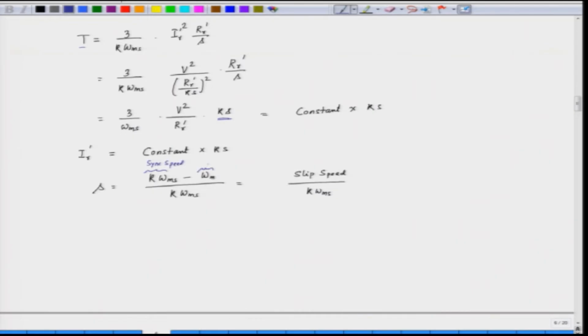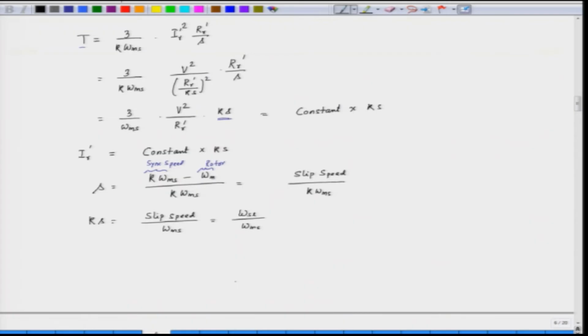The difference of synchronous speed and rotor speed is the slip speed. So, we take this k to the left hand side. What we get is k into s is equal to the slip speed divided by omega m s, that is omega s l divided by omega m s.